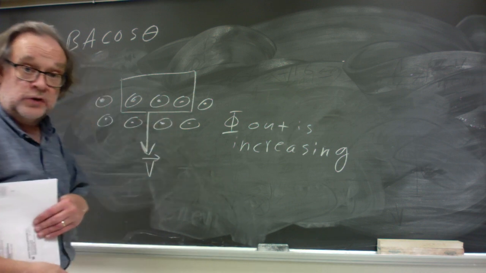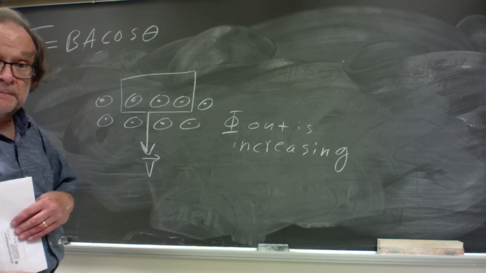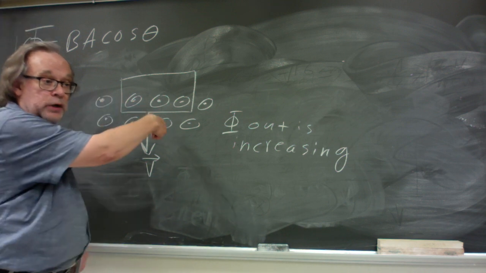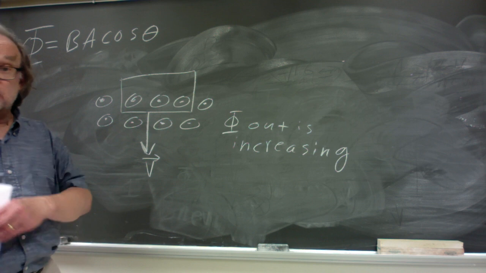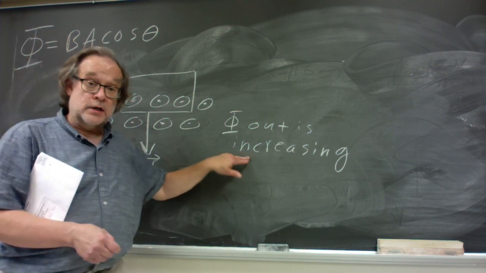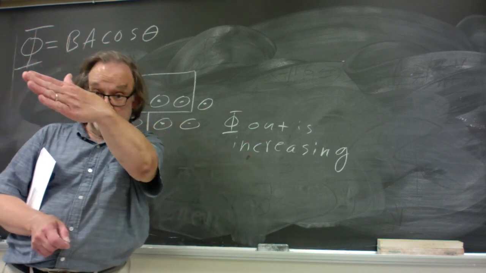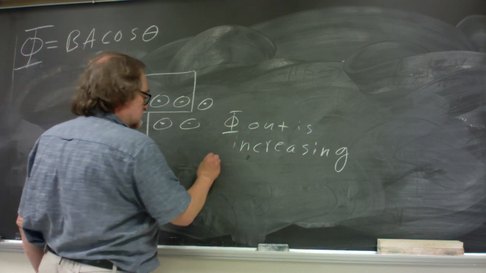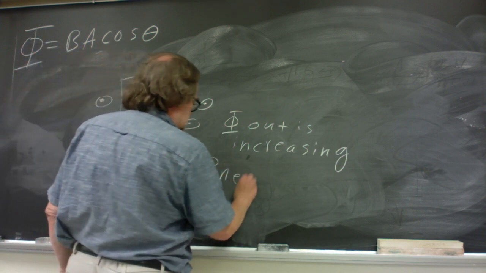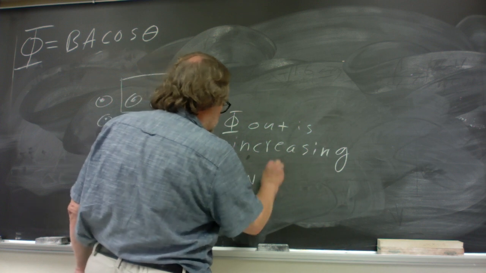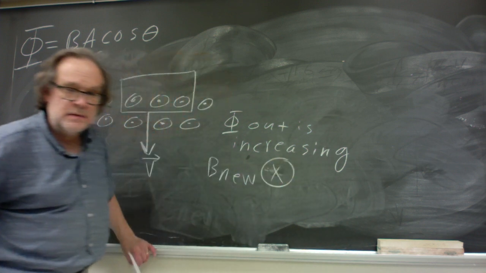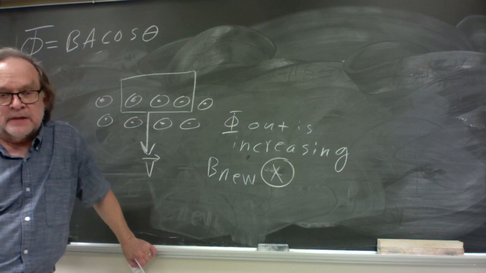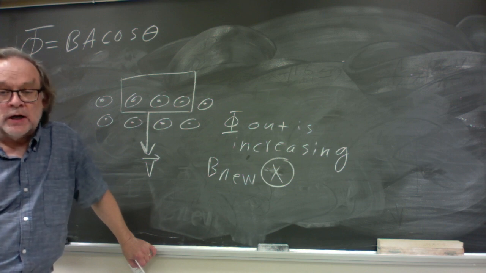Inside the loop, you want the new field to point inward, which gives some flux flowing this way, which will subtract away the increasing amount of flux flowing the other way. So that means the new field points inward, and what kind of current in the loop will produce a new field inward?